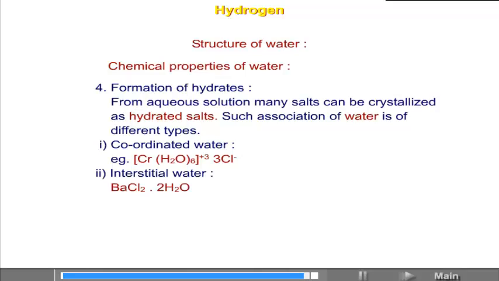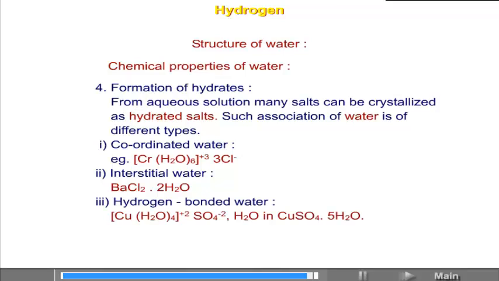Second one, interstitial water. BaCl2·2H2O. Third one, hydrogen bonded water. [Cu(H2O)4]2+ SO4 2- H2O in CuSO4·5H2O.